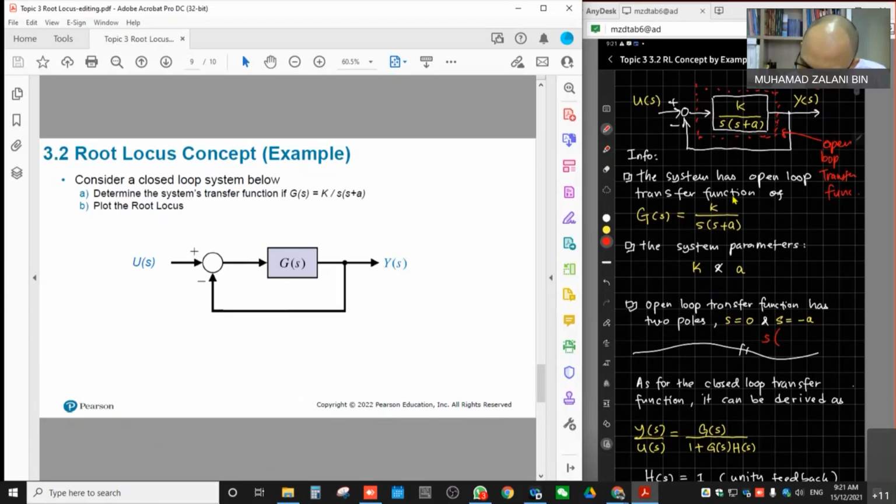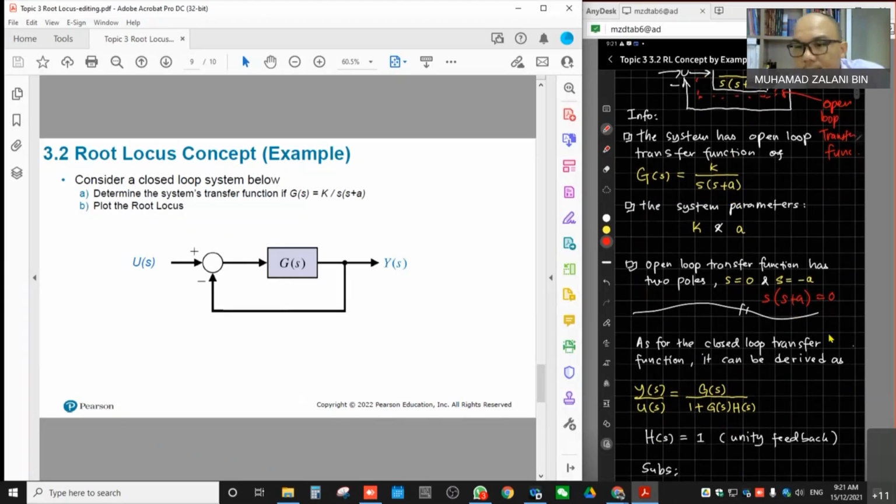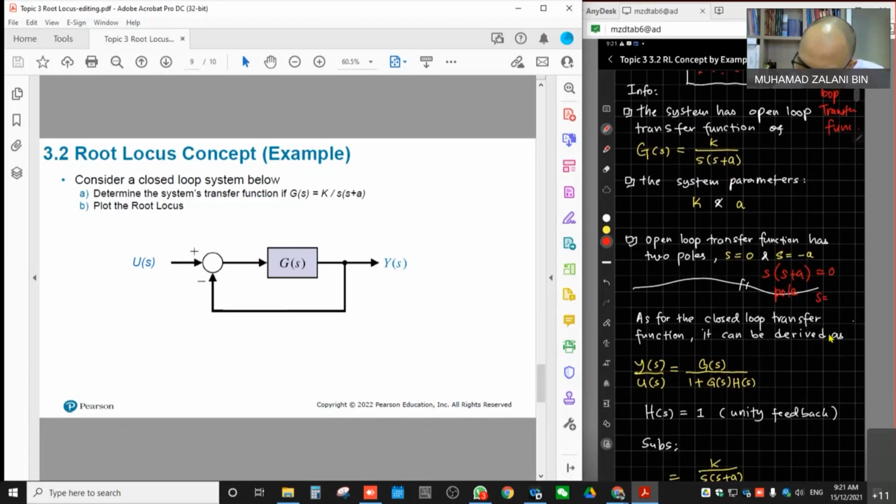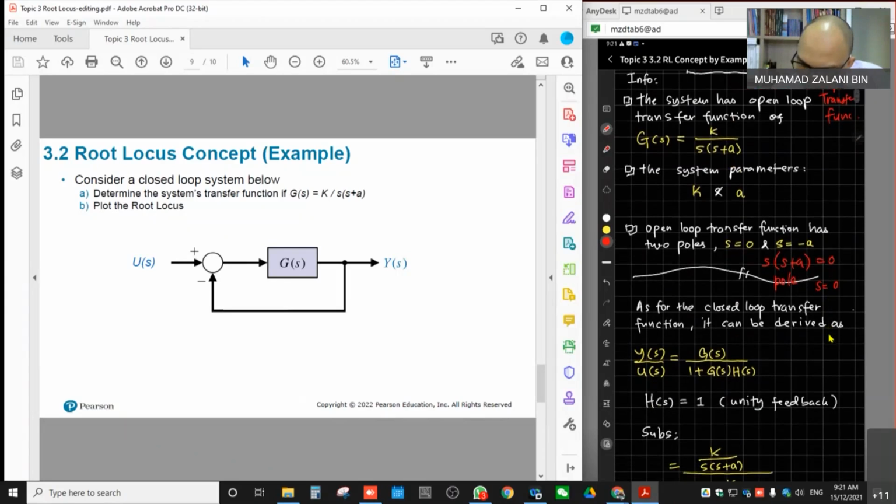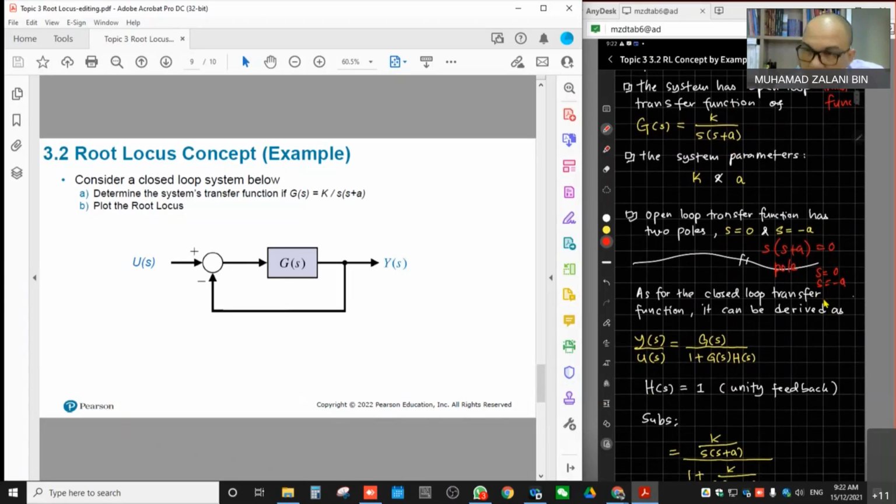If we make S times S plus A equal to 0, the poles are the roots of the characteristic equation, which are S equals 0 and S equals negative A.